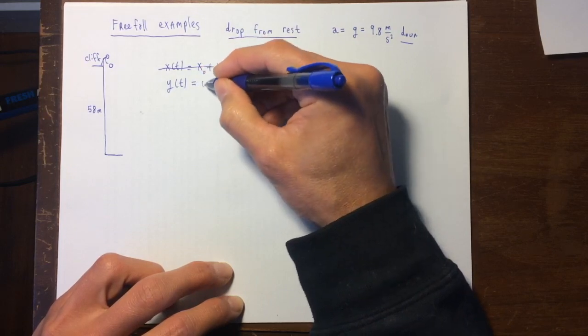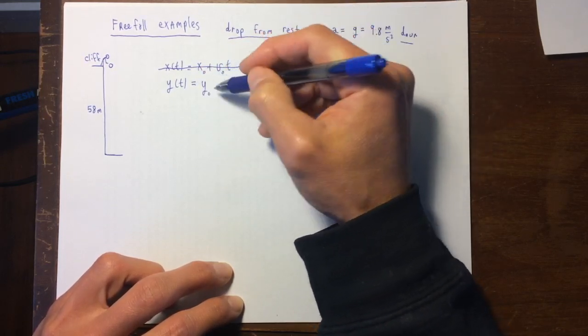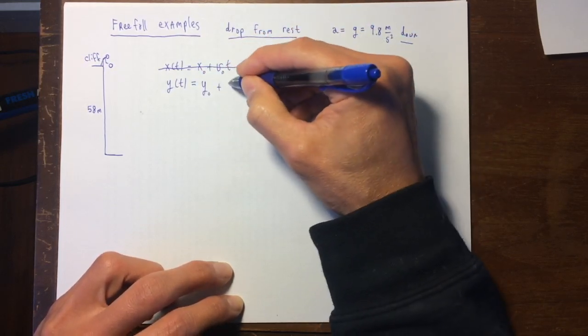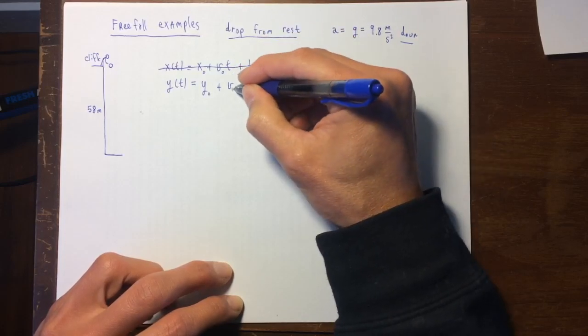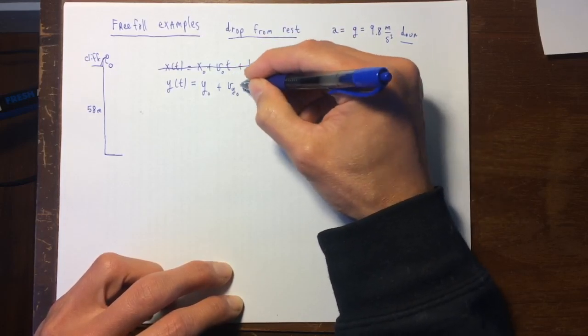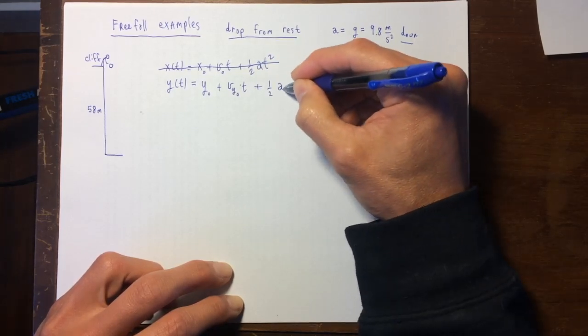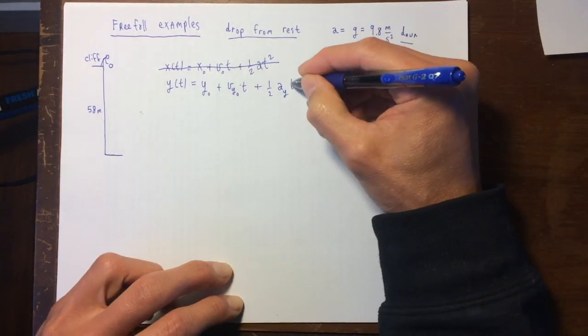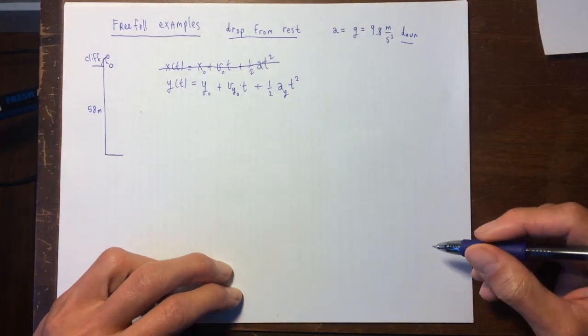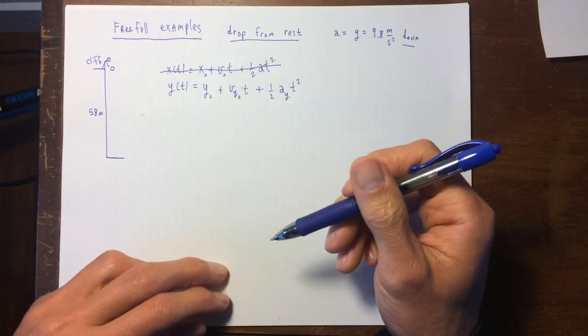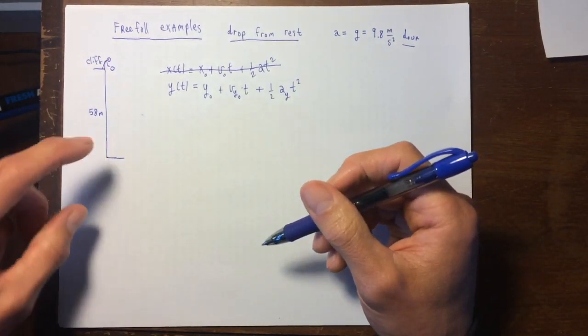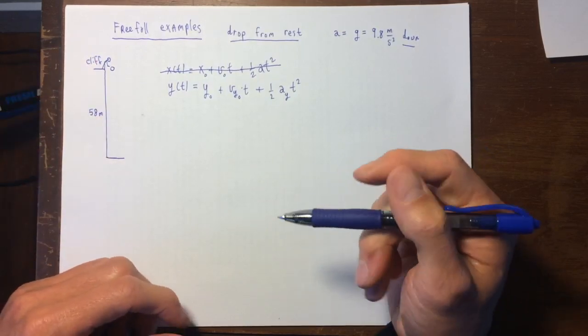So y of t is an initial position on the y-axis plus an initial velocity in the y direction times the time plus 1/2 times the constant y direction acceleration times the time squared. It's just a change of the name of variables to reflect that it's an up-down problem.